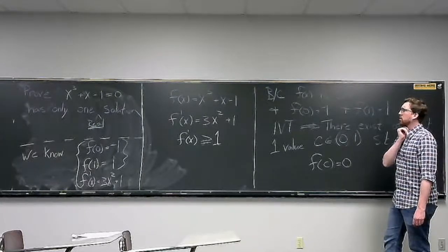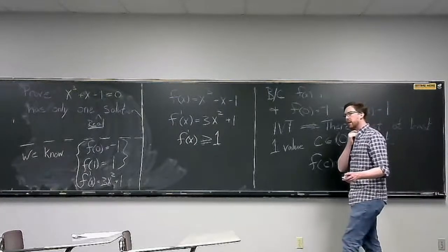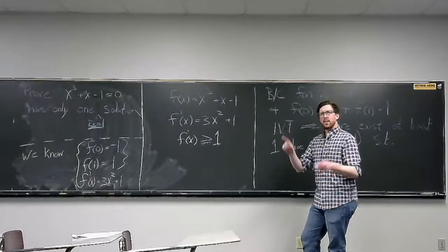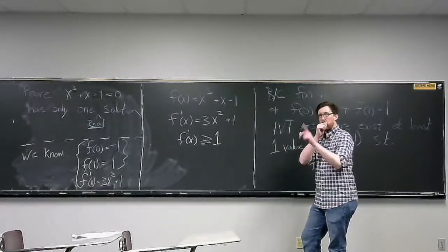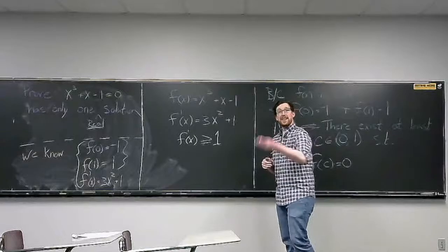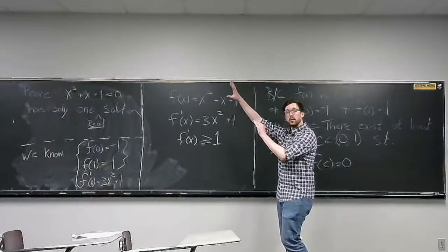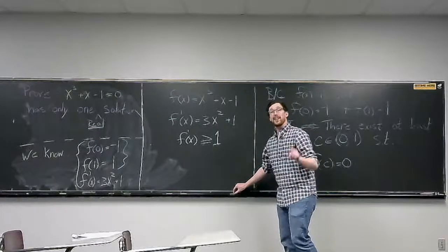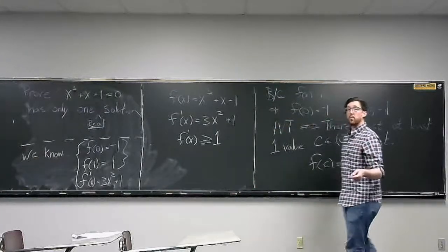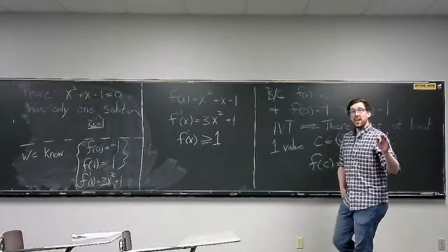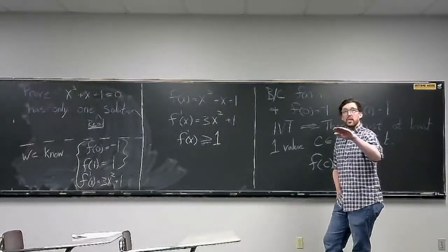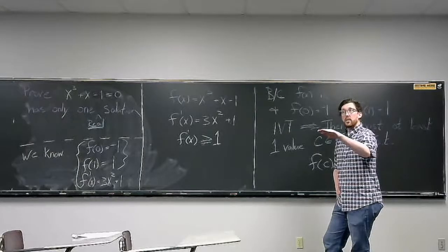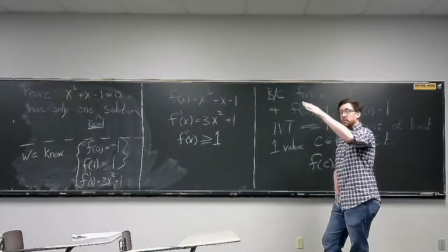So what that means is that this thing can't dilly-dally back and forth. It doesn't go up and down. It is always increasing. That's what this is telling us, because the derivative is always greater than or equal to 1. So it never stops increasing. We don't have a flat spot. It's only ever going to increase.